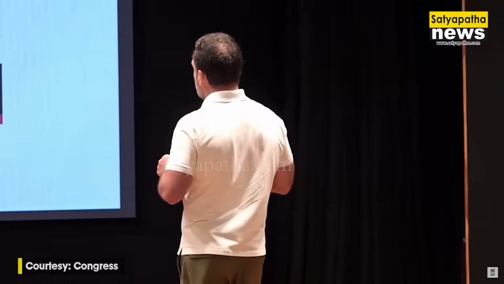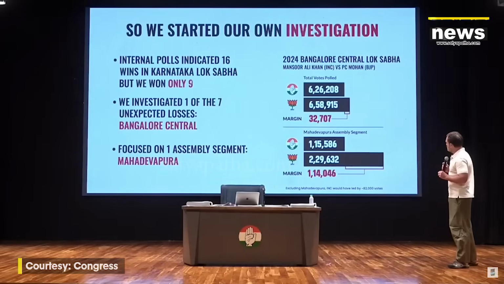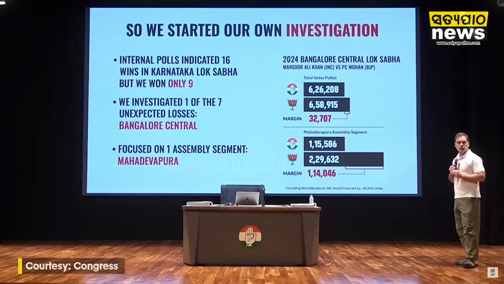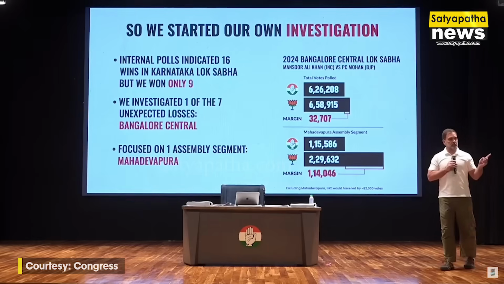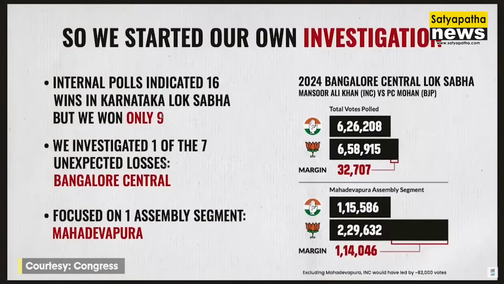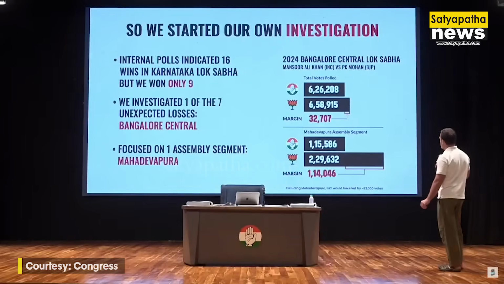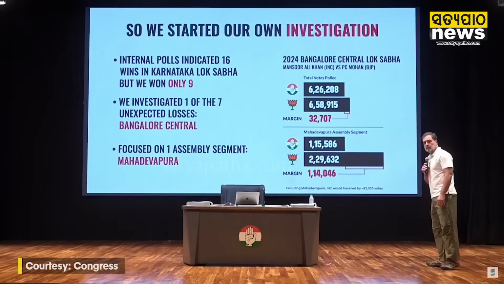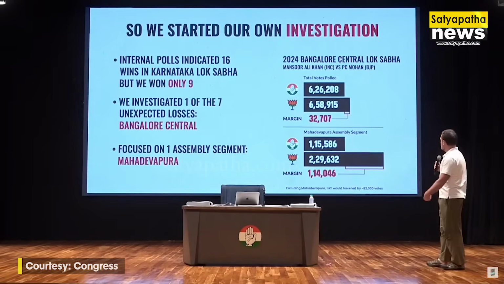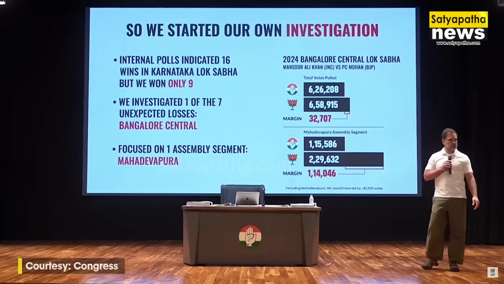The Congress polls 1,15,586 and the BJP polls 2,29,632. Congress wins all the Vidhan Sabhas except this one. And in this one, BJP sweeps and gets a margin of 1,14,046. This seat wins them the election.